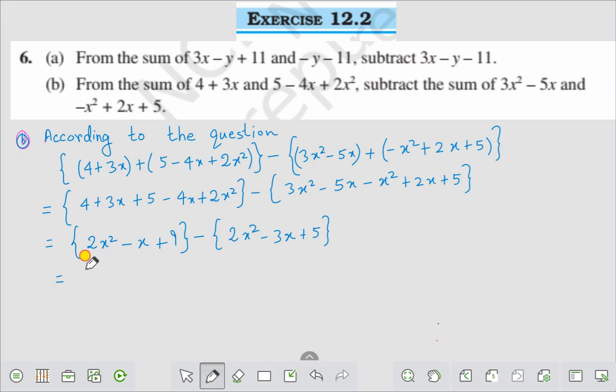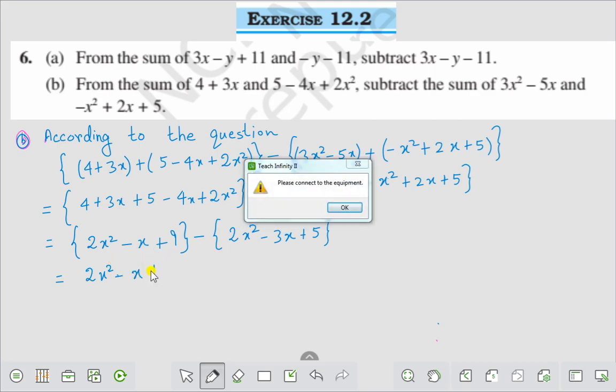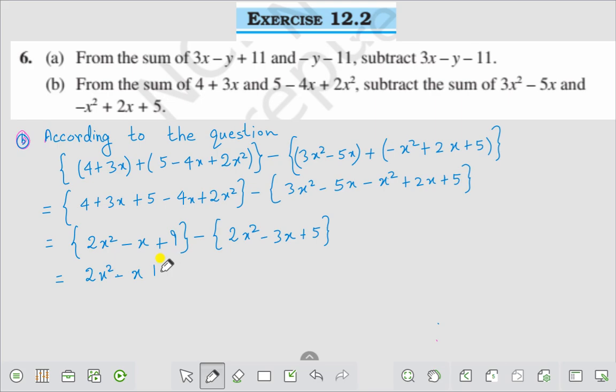Now if you write here, that is 2x square minus x plus 9, minus into plus is minus 2x square, minus into minus is plus 3x, minus into plus is minus 5.